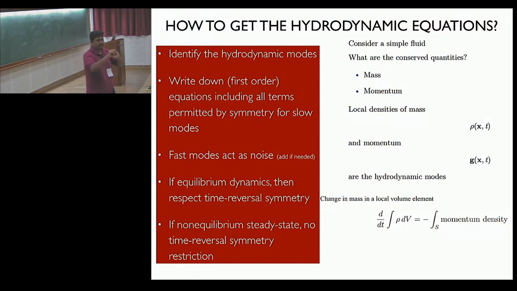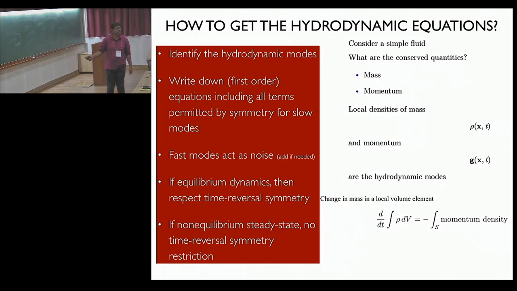One molecule may have done this, come down. On the average, if you wait long times, the whole set of molecules would have moved in the direction of the hydrodynamic flow, if there is a net flow. So the current of the mass density is the momentum.